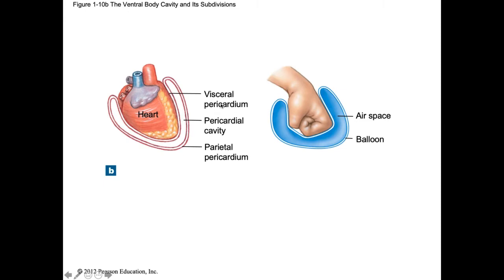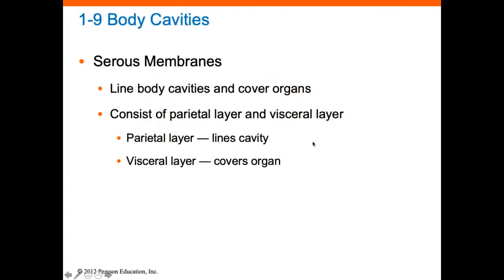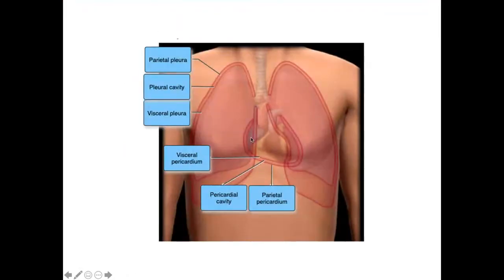And when we talk about the abdominal organs, we change pericardium into peritoneum. But the concept is the same. Whether it's the lungs or the abdominal organs, there's going to be a visceral layer and a parietal layer. The visceral layer covers the organ. The parietal layer is going to line the cavity in which that organ is.